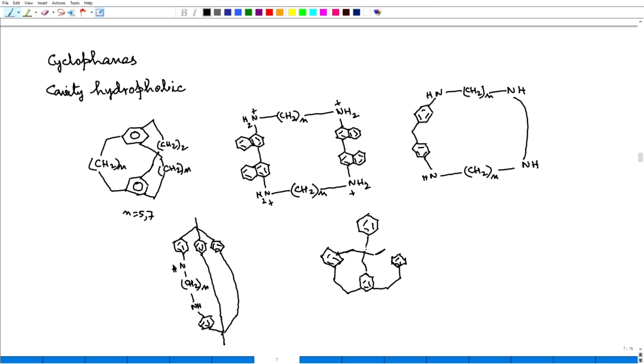Now one, two, three. Then, this aromatic is not very good. I will draw it better.